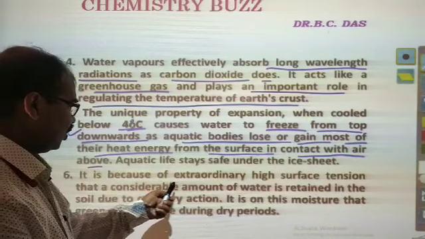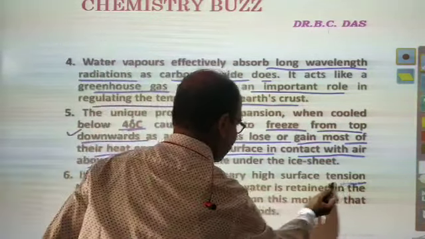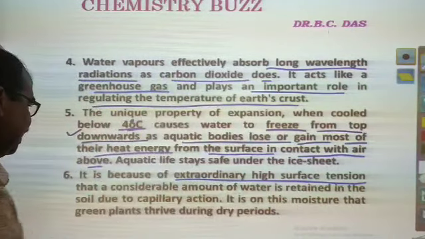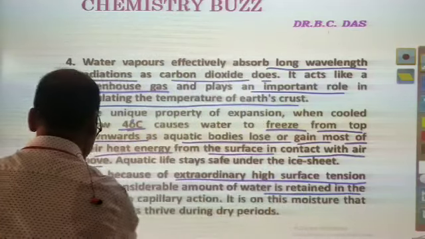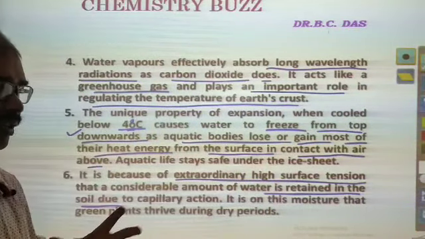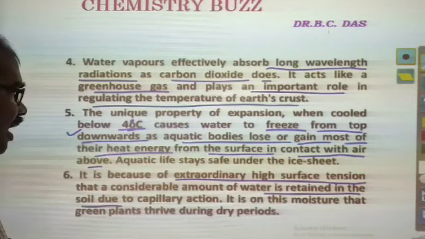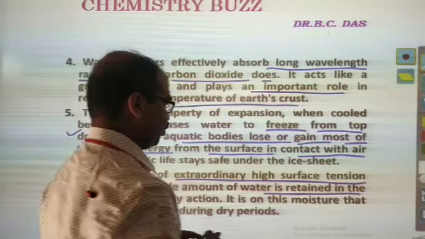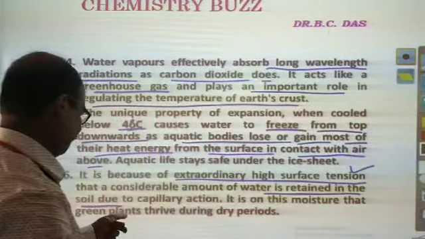It is because of extraordinarily high surface tension. Water possesses extraordinarily high surface tension, so a considerable amount of water is retained in the soil due to capillary action. Soil retains a maximum amount of water due to capillary action, and that capillary action is possible due to the high surface tension of water.